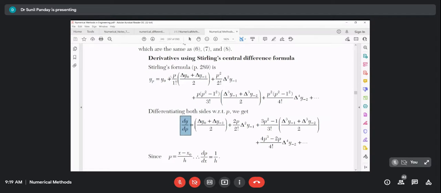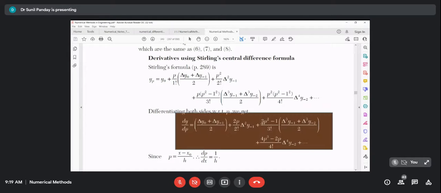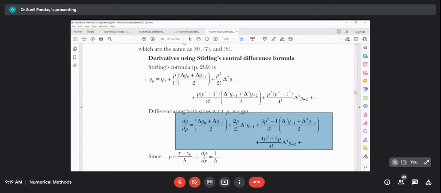In dy over dp, if we differentiate this with respect to p, obviously this part is 0, and here p is only of degree 1, so this remains, and here 2p is upon 2 factorial, like this. Similarly you can write derivatives, but we have to calculate the derivative of y with respect to x, and p is a function of x minus x naught upon h.